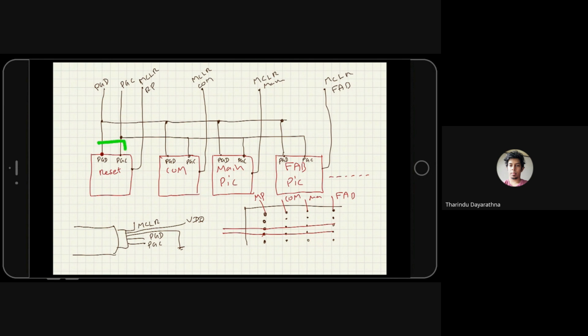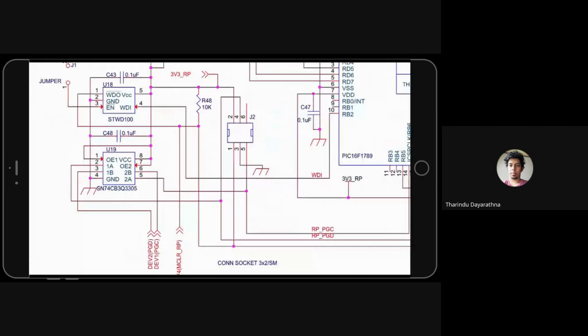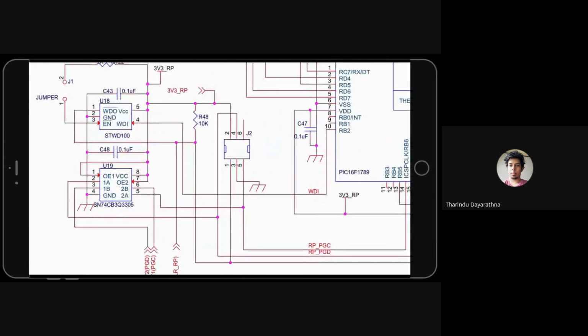There are some buffer ICs put in the PGC and PGD lines before they come outside. You can see this is the PGC. It goes here to 2A, goes to 2B, and PGC comes out. Then PGD comes here, going through 1A, 1B. Basically it's a buffer, so don't worry about that one.